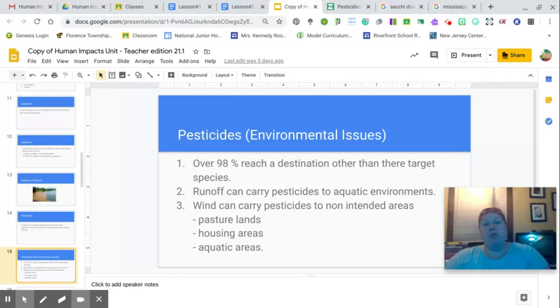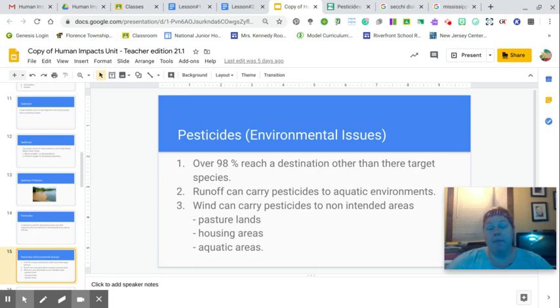So only 2% of pesticides only affect the one target organism. Other organisms might be killed. One problem with that would be like bees, for example. Perhaps you don't want a certain type of hornet to come and affect your crop, but you still want bees to come. But whatever pesticide you're using doesn't just kill hornets, it also kills the bees.